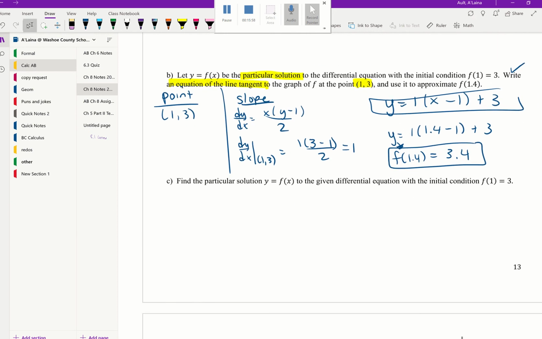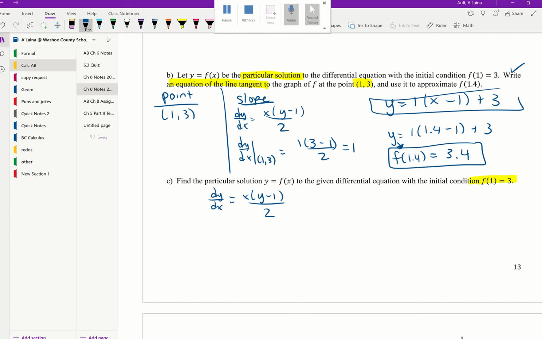Part C, I want to find the particular solution to the differential equation that I'm working with. You might remember it's this one, dy over dx is equal to x times y minus 1 all over 2, using this initial condition 1, 3. So I'm going to start by separating out my variables. Now this y minus 1 is grouped together, so I do have to be careful here.